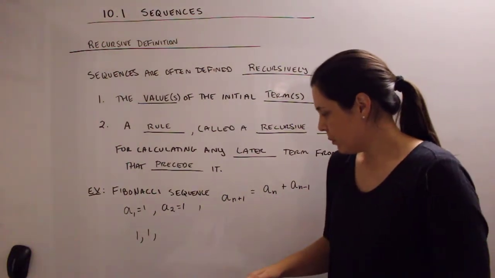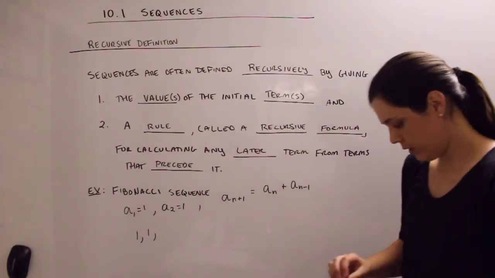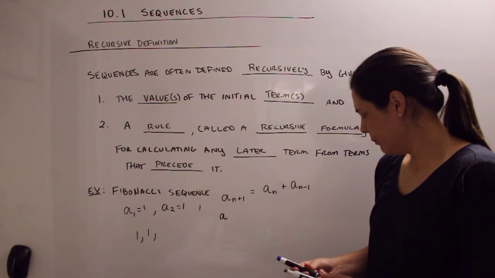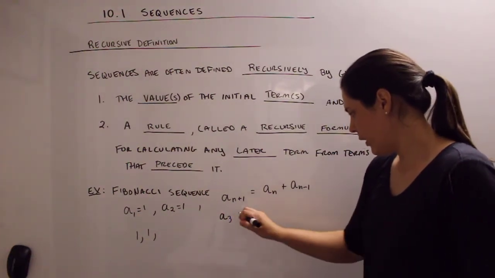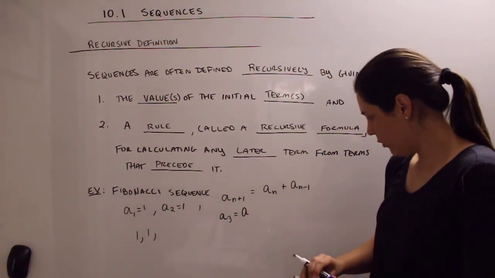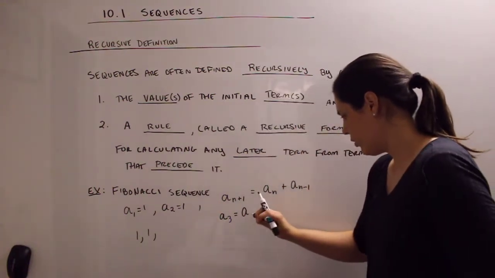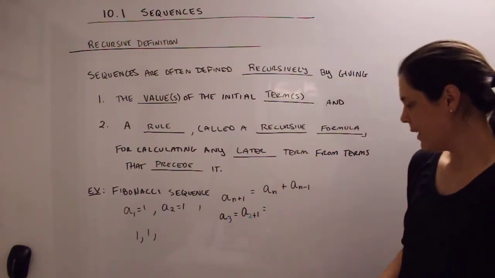So let's fill in our numbers. I'm on the third spot in my sequence. Let's just fill in the numbers here. We know that if we want the third one, we want this to be 3. Okay, so a sub 3. So that's going to be, let me switch colors, a sub 2 plus 1. Okay.